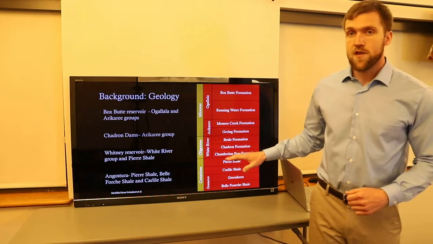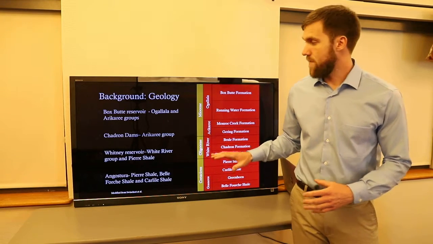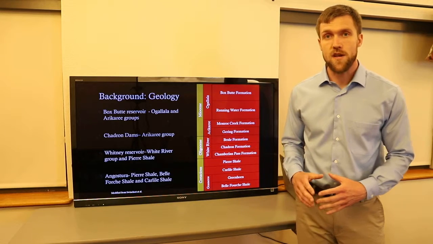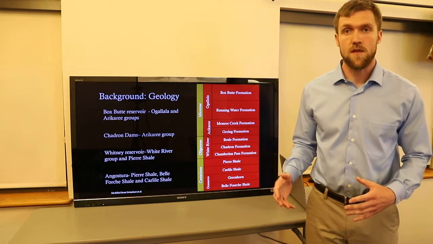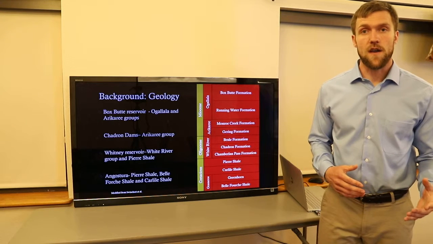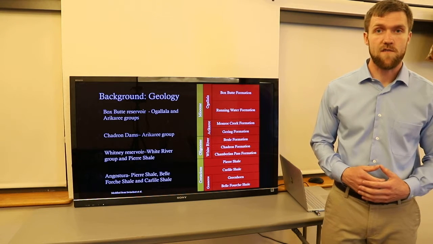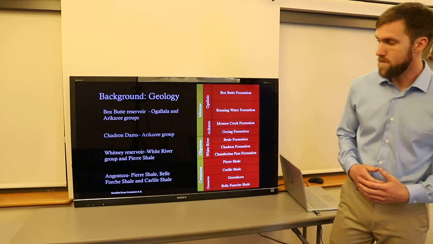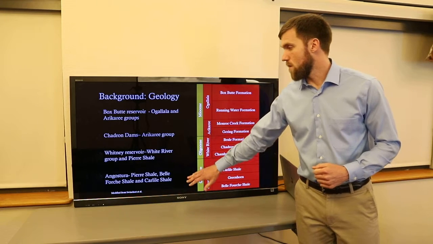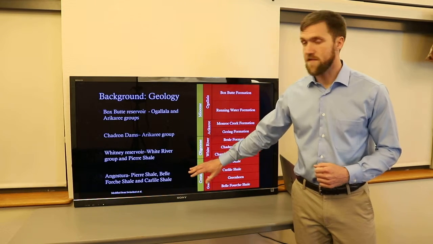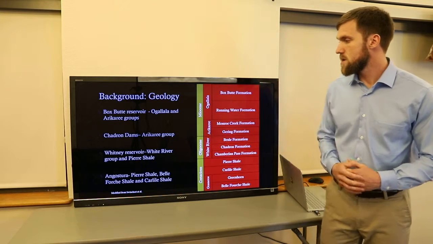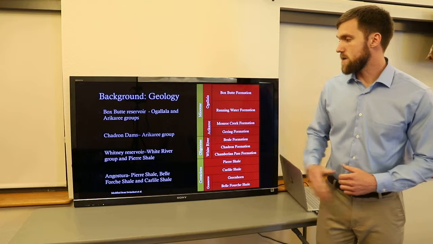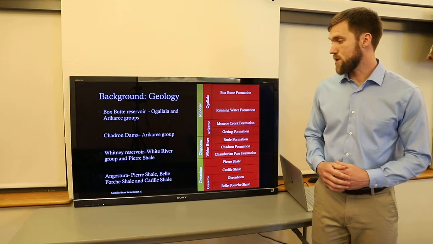Looking at the geology of each of these reservoirs, this matters because the different formations that the water flows through and the reservoirs sit in will have an effect on the type of metals that we expect to see within those reservoirs. Working from the bottom, which lies in the oldest rock, to the top, which lies in the youngest formations, Angostura flows through Pierre Shale.